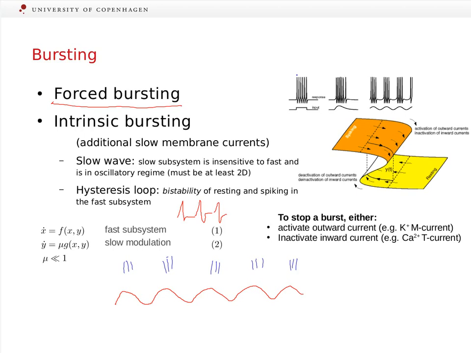So this actually widens our possibilities of coding the information within the neural networks.